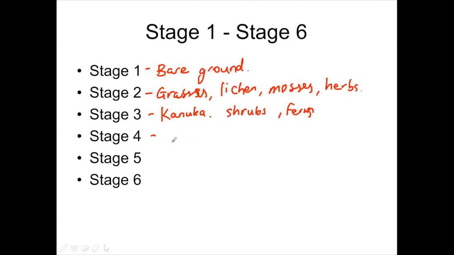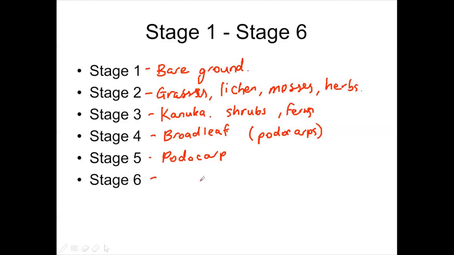Stage 4 is going to be our broadleafs, so it's going to be our broadleaf forest. We could include some podocarps in here, because if it is transitioning we're going to have a bit of podocarps. And stage 5 is going to be our podocarp forest.